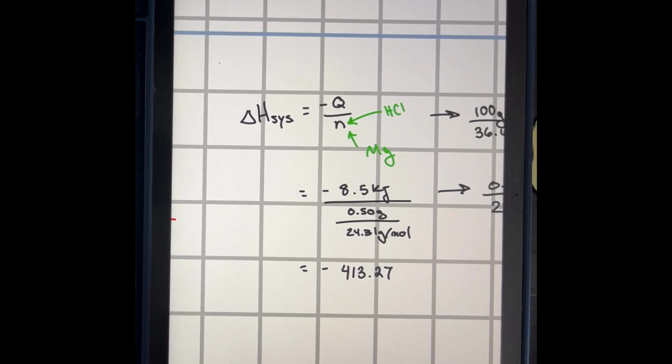I'm going to check the answer here. So, this is calorimetry.